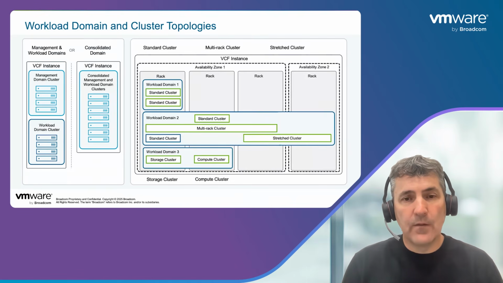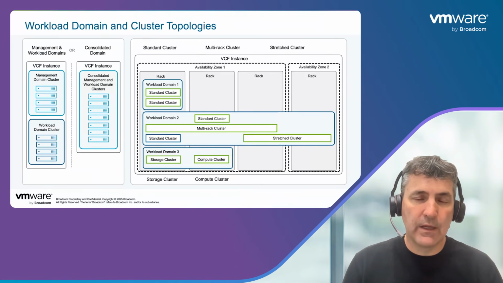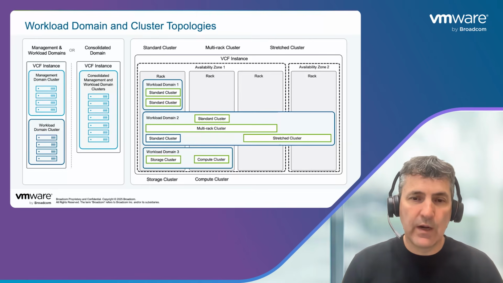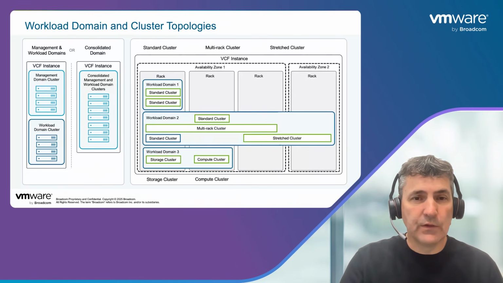And so we can definitely satisfy pretty much most customer use cases. Do they want to separate compute from management? Do they want to run together? Are they worried about rack resiliency? Do they want to spread across racks? Do they want to stay within a rack? Do they want stretch clusters? And are they looking at something like vSAN storage clusters? Regardless of what they're looking for, we have the support for a topology that will meet those needs.